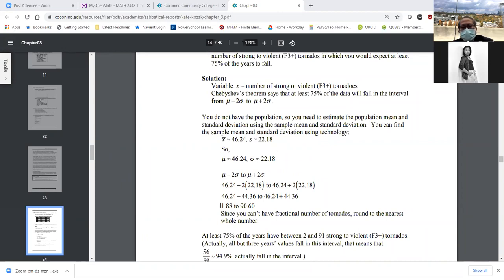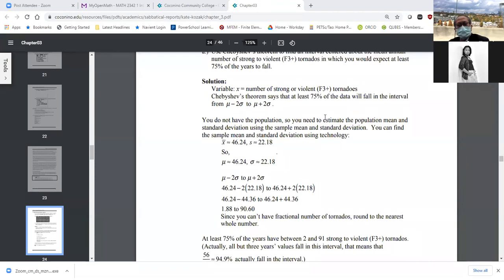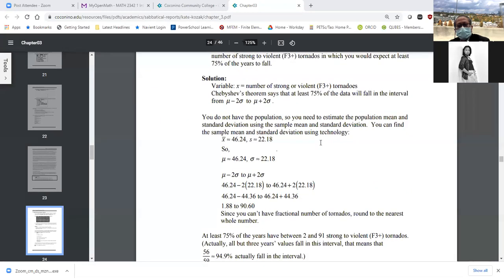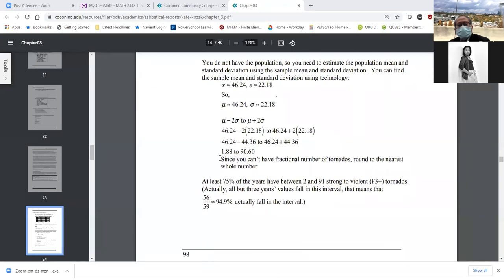So yeah, you can find the interval in which 75% of violent tornadoes happen, right? Okay. So it's between 1.88 and 90.6, right?